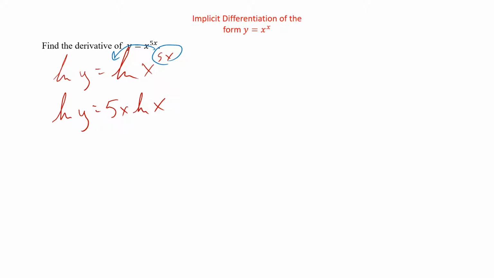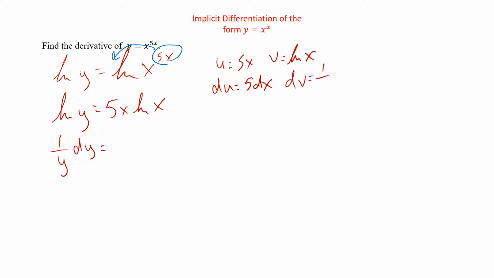Now we can take the derivative of both sides. The derivative of natural log of y is 1 over y dy, equals the derivative of 5x ln x. It's going to be a product rule again. So let's say u equals 5x, v equals ln x, du equals 5 dx, dv equals 1 over x dx. Notice all the derivatives will have to have dx or something in them, dx or dy.